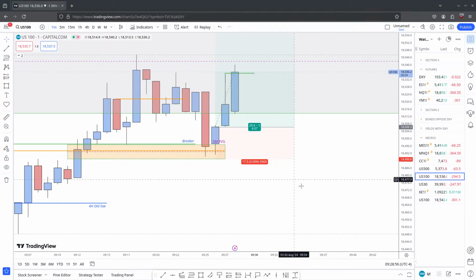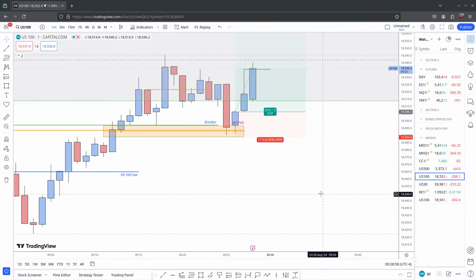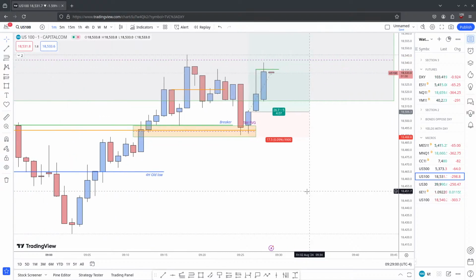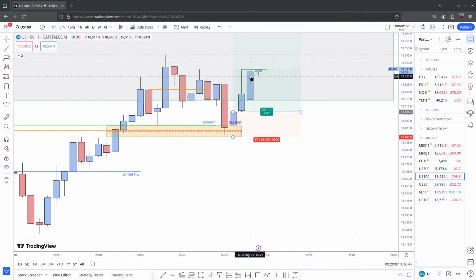But that's fine. That does not invalidate your position, as long as you're not chasing price. Never look at this, then wait for it to be up here and then, oh, it's a breaker block, I gotta take the entry. You've already missed the position by then.